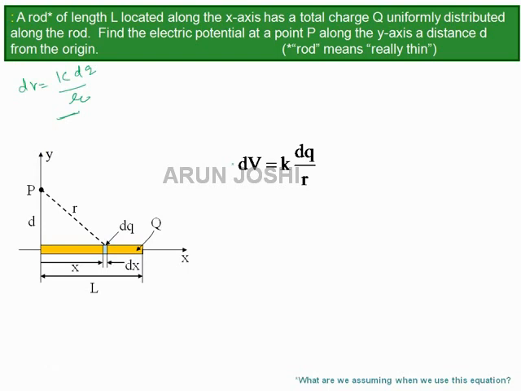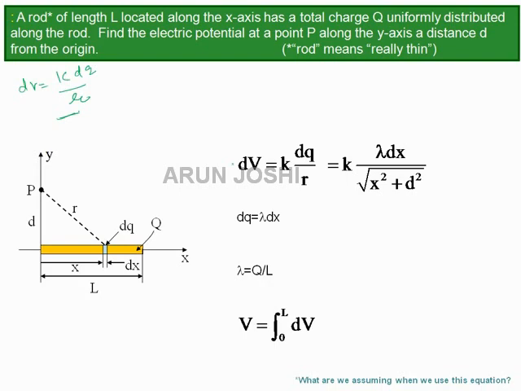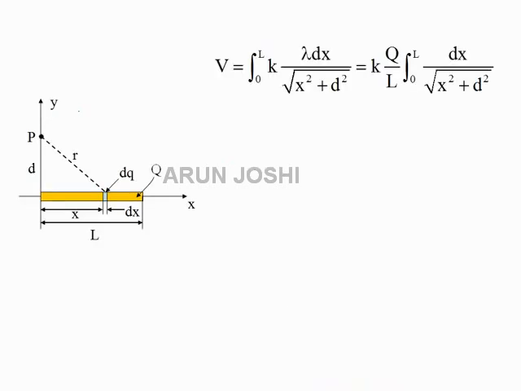Now please solve it. What is dq? Same, lambda dx. You put the value of dq here. Lambda is Q by L. Integrating, x is varying from 0 to L. You please integrate yourself.